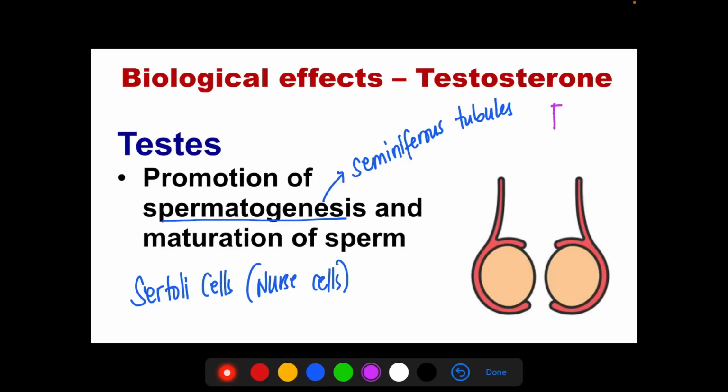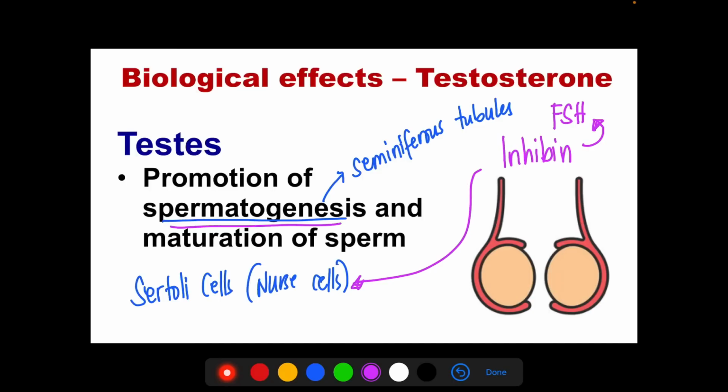The hormone FSH from the anterior pituitary gland is necessary for the initiation of spermatogenesis. Also, inhibin is produced from the Sertoli cells, and it inhibits FSH.